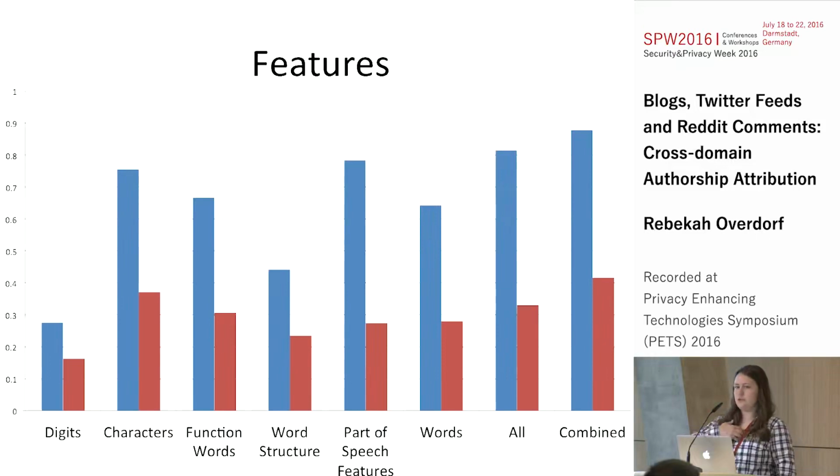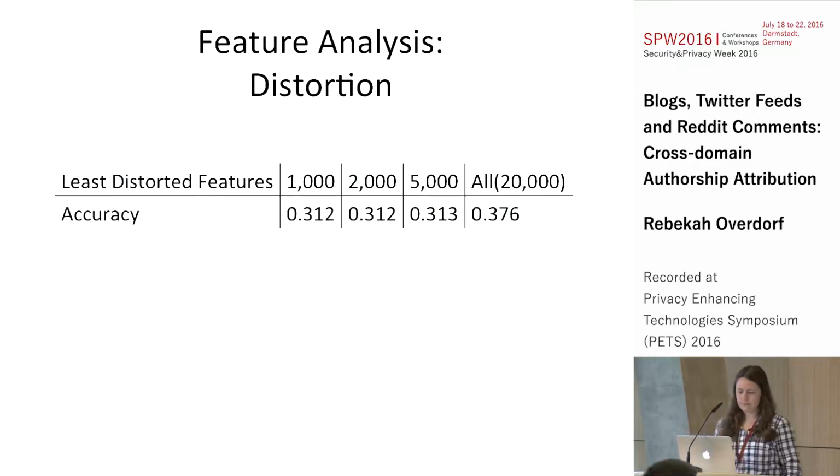So features don't change consistently across style within these specific groups, and there's no collection of features or a feature type that we found that would work well in this situation. But let's go back to distortion and see if maybe it's not a type of features, but a specific group of features that would change across domain.